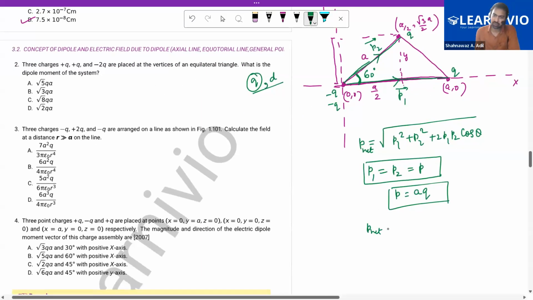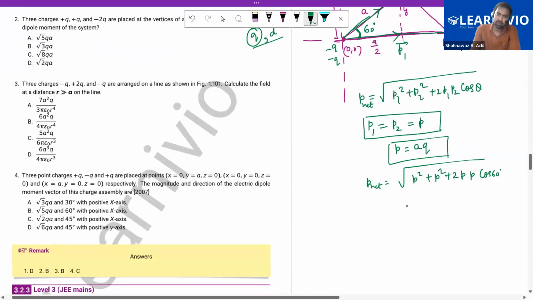Now, let's put all these things in here. So P net would be P square plus P square plus 2 P square cos 60. Cos 60 is half, so this part cancels and this is 3 P square.